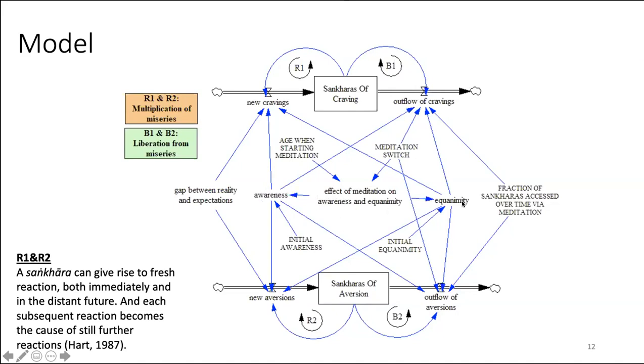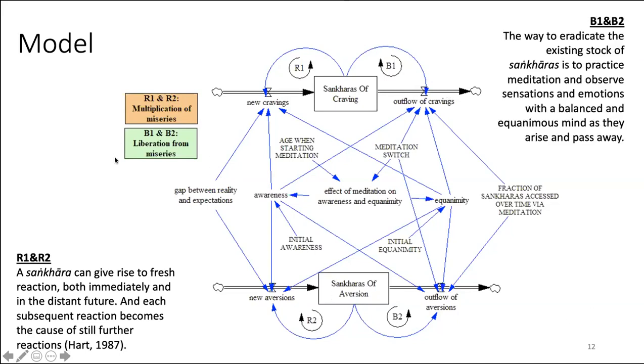With practice, you can build up your level of awareness and equanimity, which can help you liberate yourself more rapidly from these sankharas. And this basically constitutes the balancing loops here that I've called liberation from miseries.